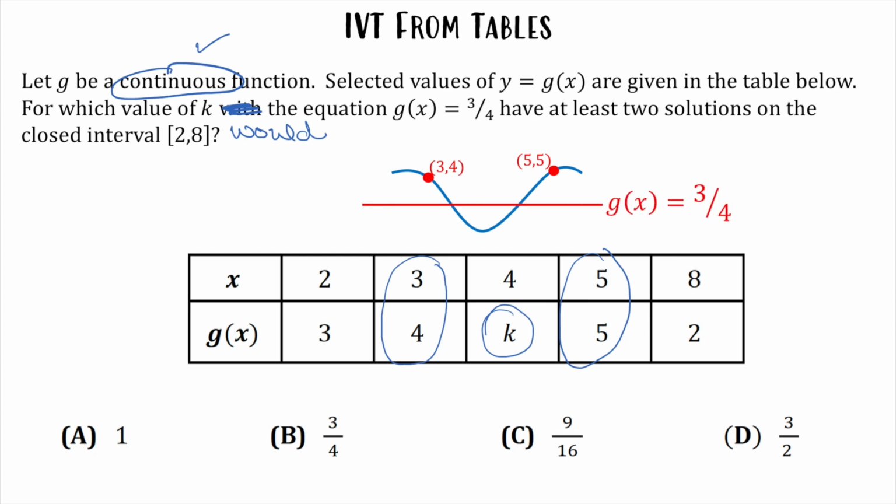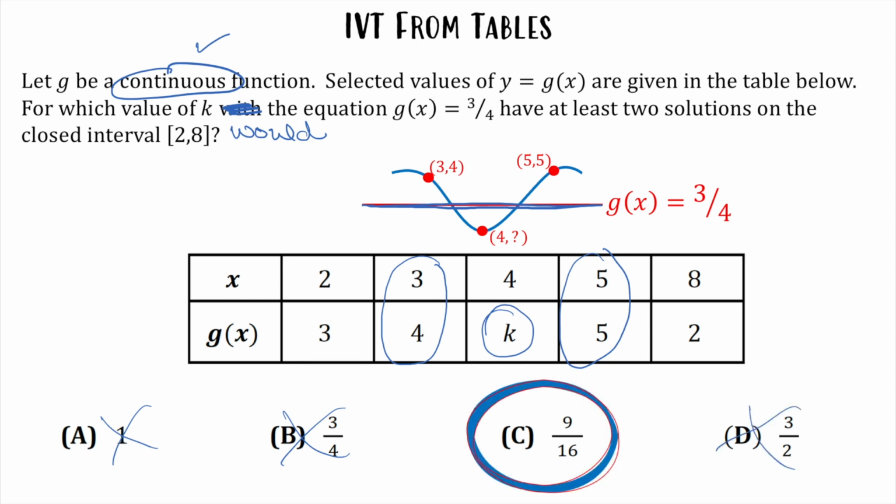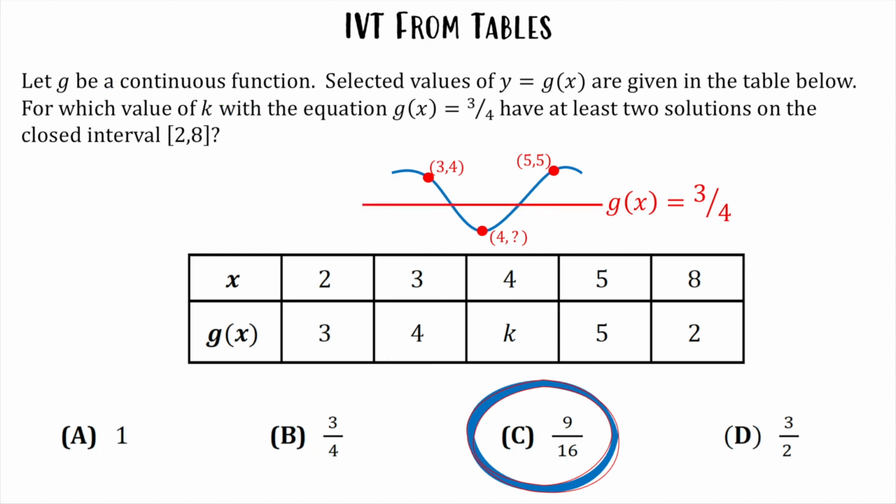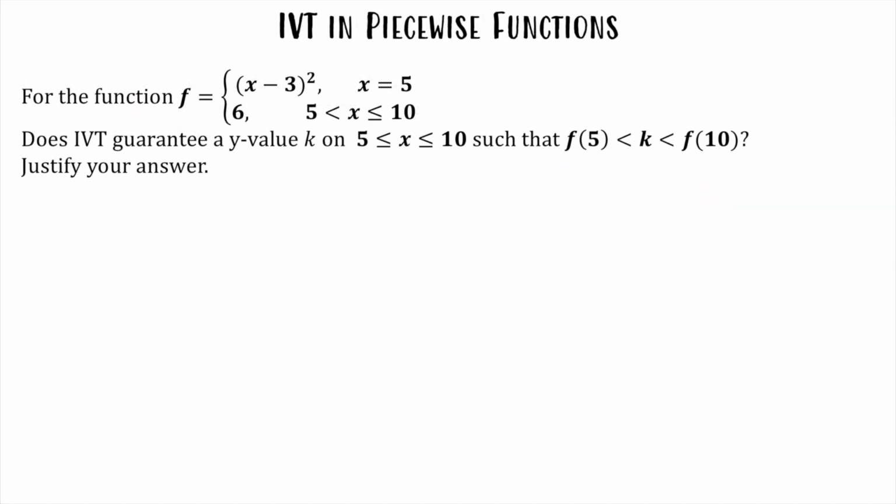Now between those is this point 4k, and that's what we're trying to figure out. What could k be? Well, if this is the line 3/4, k has to be something less than 3/4. So not 1, not equal to 3/4, not 1.5. So 9/16.